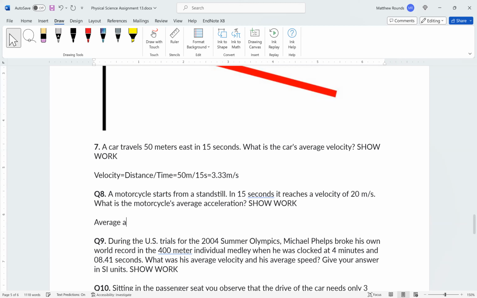Okay, so average acceleration, it's just written poorly, is velocity final minus velocity initial over time. So in this example here, the velocity final is the 20 meters per second.